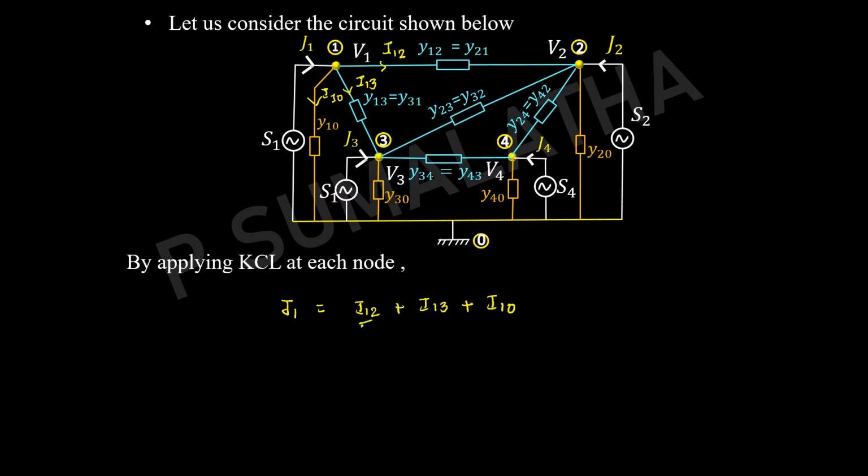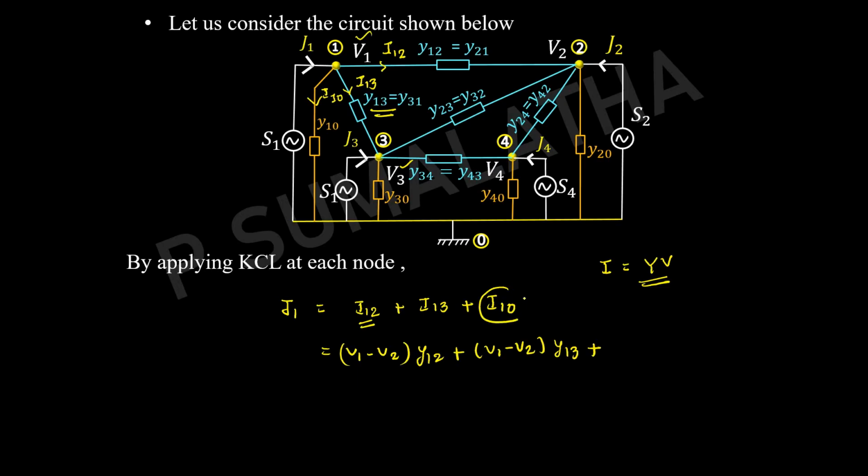Now how can we get these currents? As I told you, the current equation is Y into V. The Y value is the admittance Y12, and the V value is the potential difference between the two nodes. That is, I12 is equal to (V1 minus V2) into Y12. I13 current is (V1 minus V3) into the admittance connected between the two nodes, that is Y13.